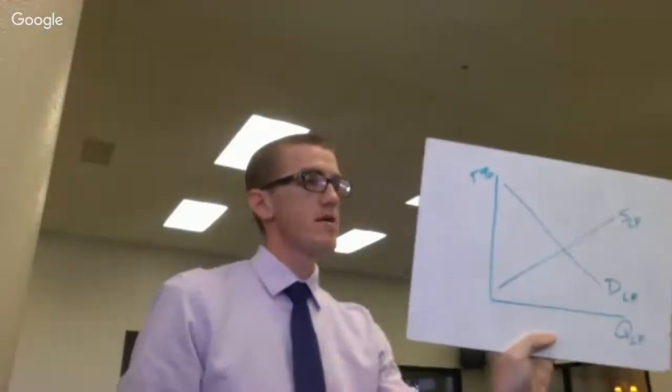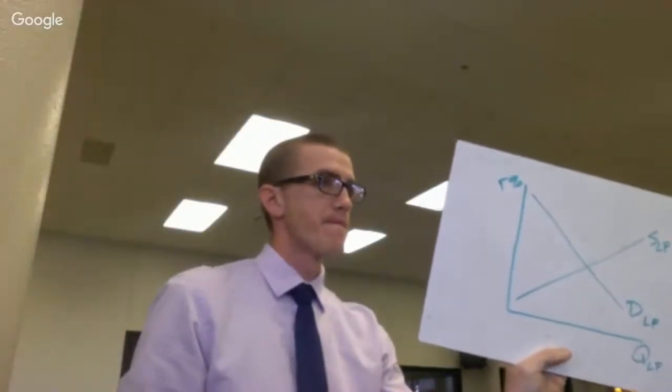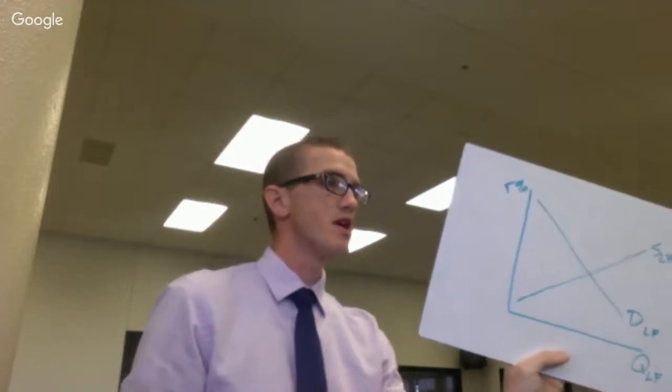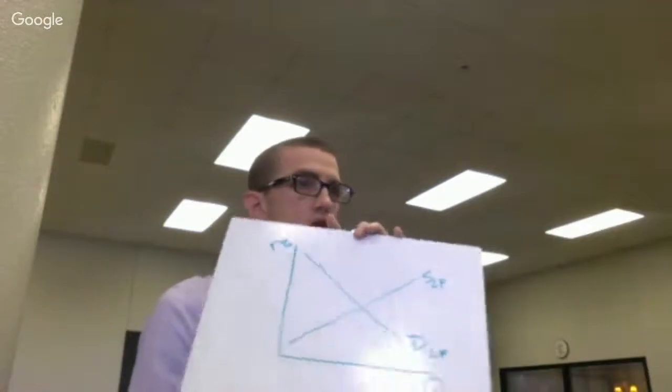Okay. So, let's see. I would show an increase in household savings. You could increase the supply. So we would increase the supply of loans. We're now saving more.